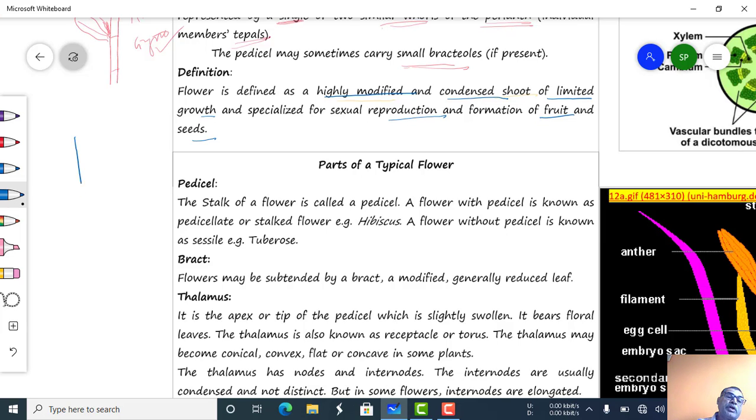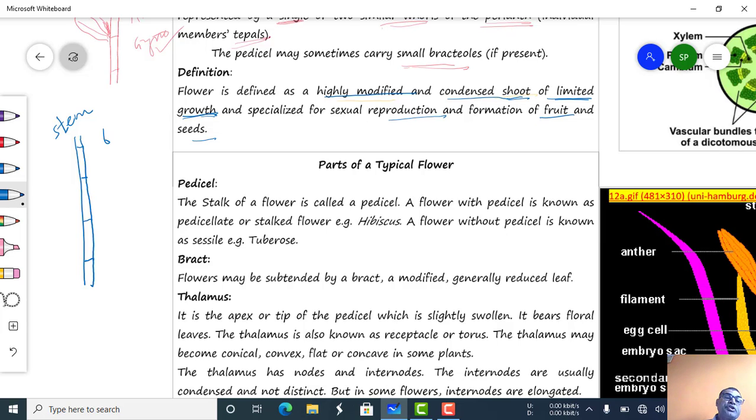So the flower is modified from the stem. Okay, it is highly modified and condensed, but it shows limited growth. Growth is restricted and specialized for sexual reproduction.